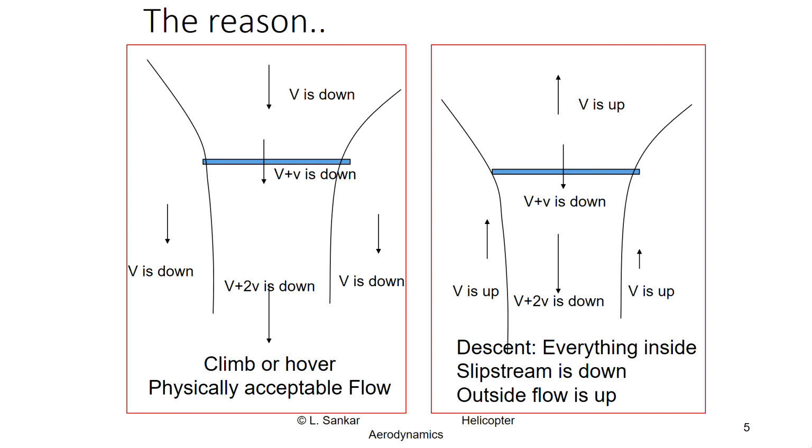Capital V, far above the rotor disc, is down. Capital V plus v through the rotor disc is down. V plus 2v is down. Because v is down, induced velocity is positive, but it's pointed downwards, and the climb velocity is down. So everything is pointing downwards, so it produces a physically acceptable behavior.